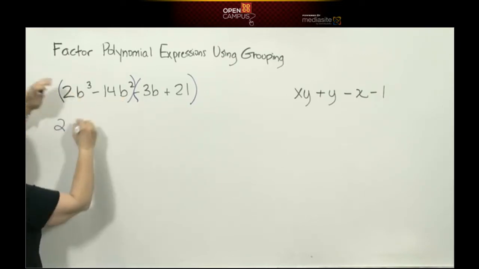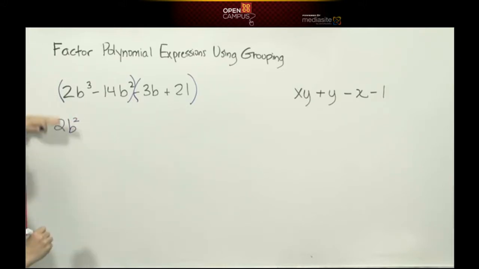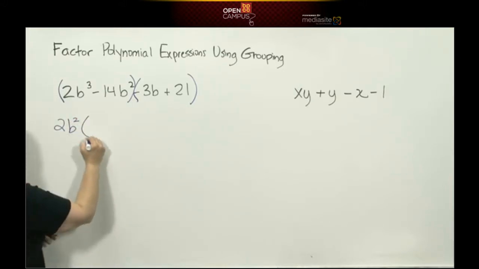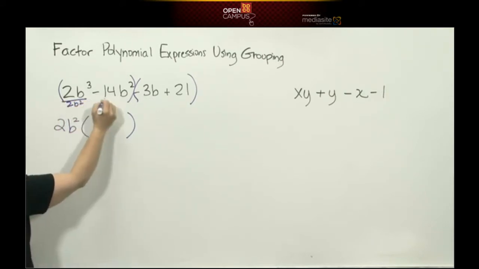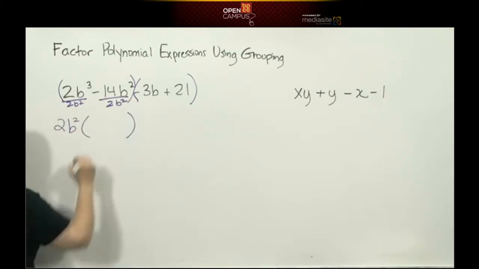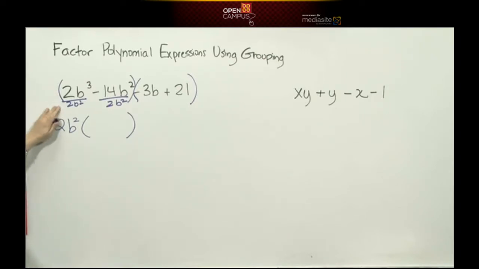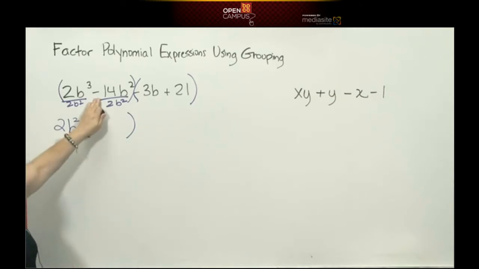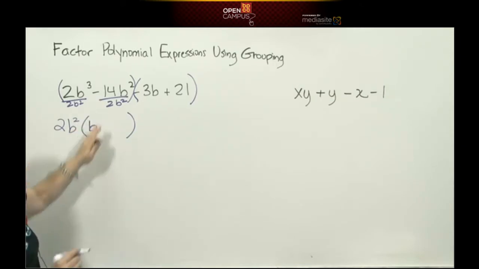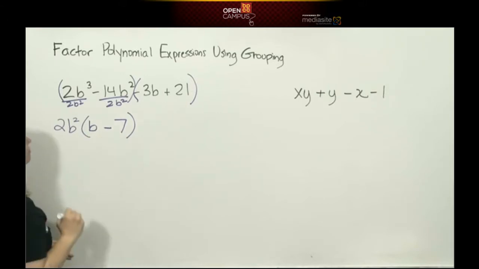B cubed and b squared, they have b squared in common. So you're going to pull out their GCF, and you're going to tell me what's left. And I have to physically show the division to help me not make a careless error. 2b cubed divided by 2b squared would be b. Negative 14b squared divided by 2b squared would be negative 7.